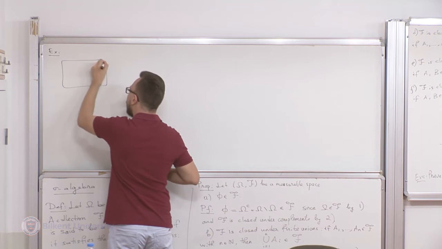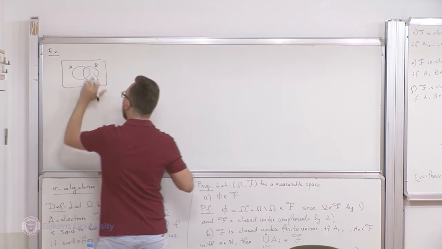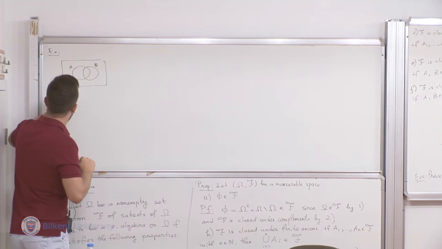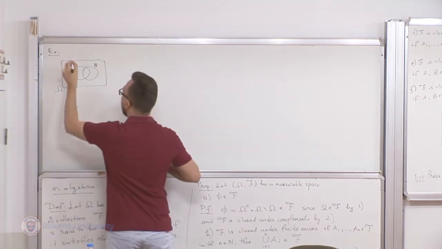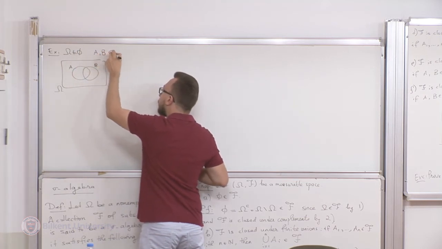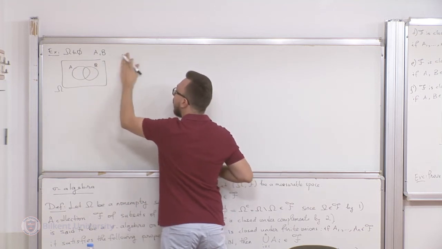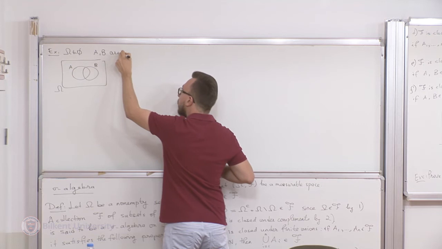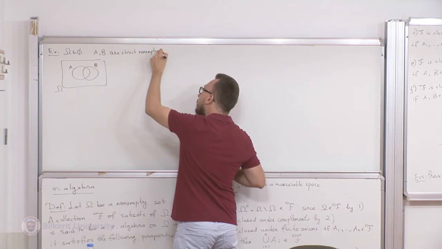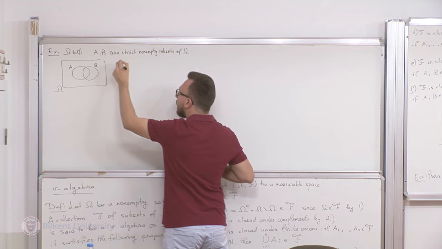Another example. Now I want 2 sets with non-empty intersection. So all those 1, 2, 3, 4 parts of omega are non-empty. That's what I want. Okay, so omega is non-empty. A, B are strict non-empty subsets of omega. And what else?